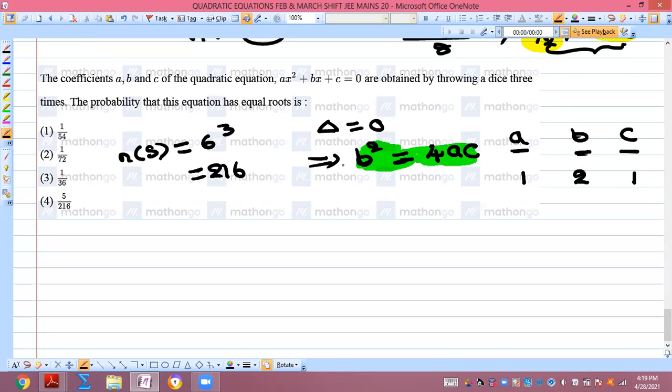Like that, how many possibilities are there? Okay, that we need to check. One is 4 square, 16. So already we have 4. So this will be 2, this will be 2. One more we got.